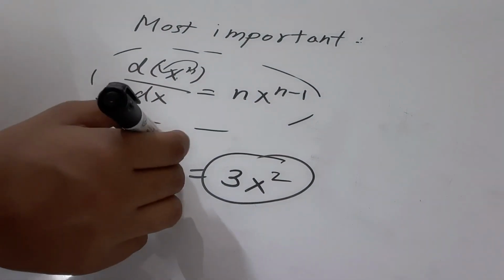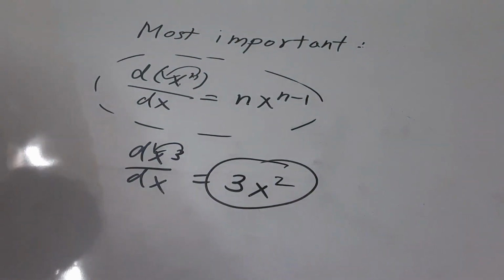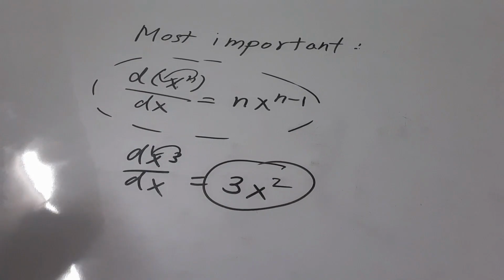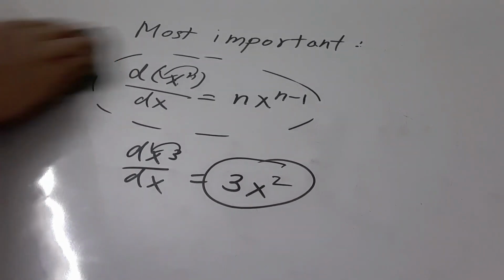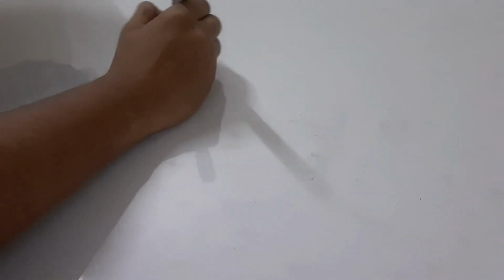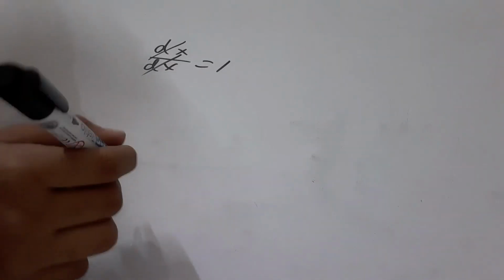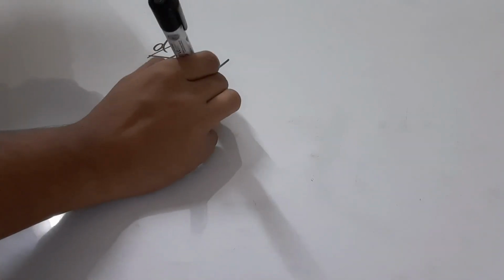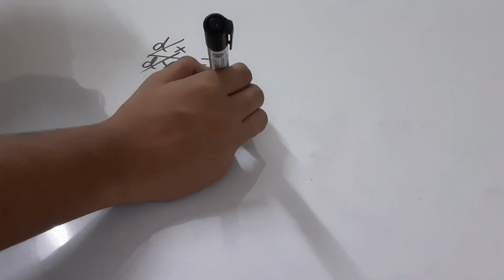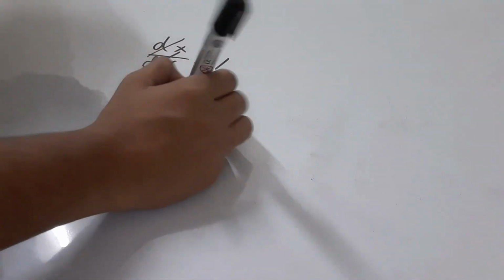The most important formula you're going to need. Also, dx by dx is 1, because these just cancel out. Also, you can show it like that: the x has a power of 1, it comes before, and then the power is cancelled out, so only 1 remains. There are multiple ways to show this.